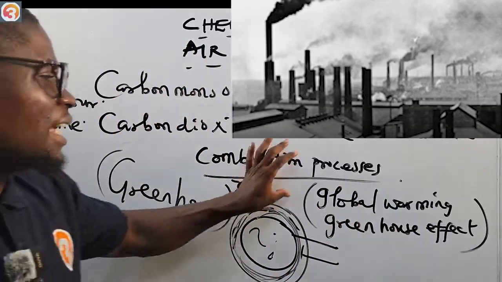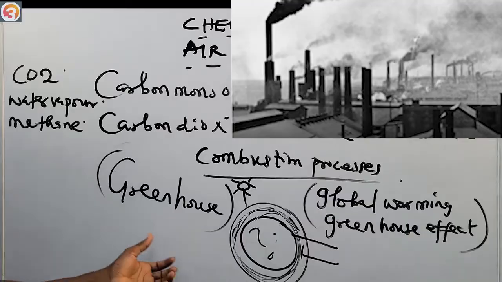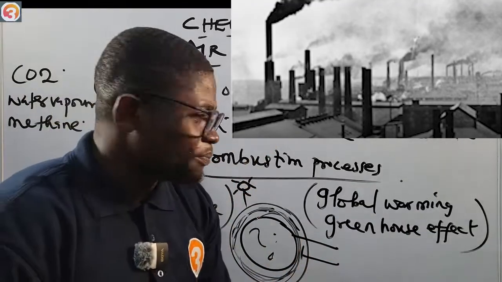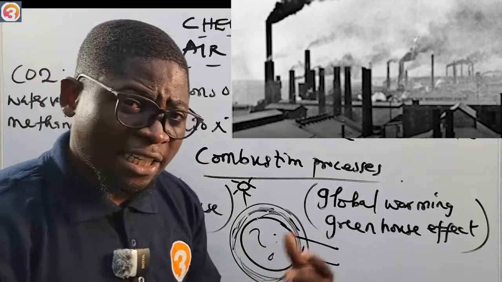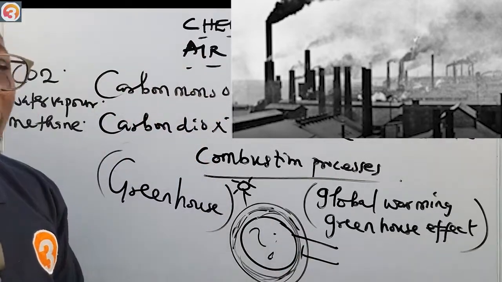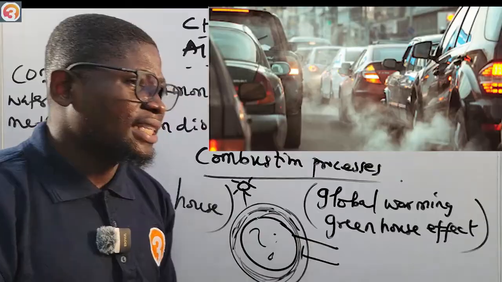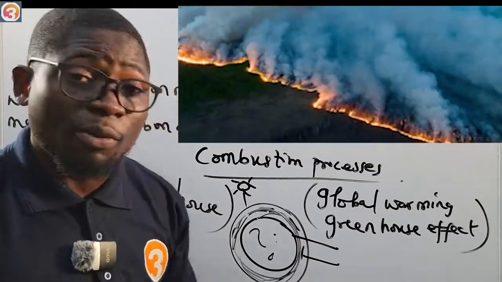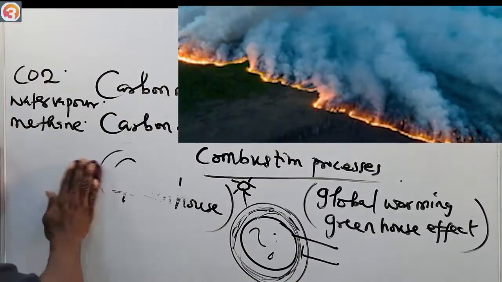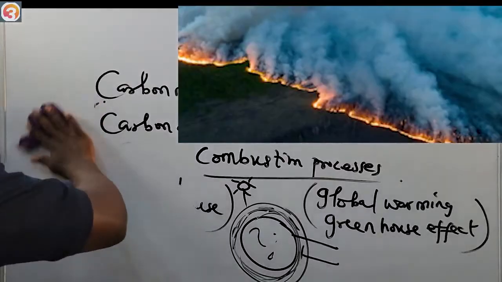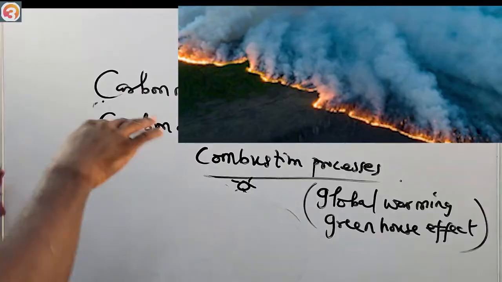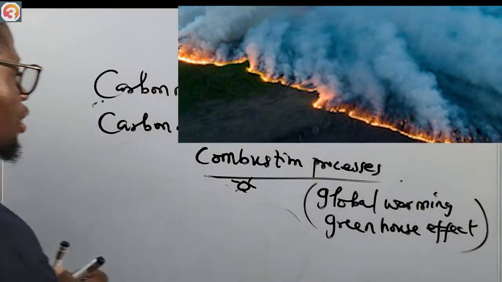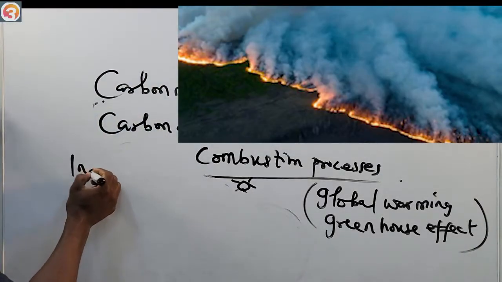So our actions, like producing things in industry, like even traffic in cities, like wildfires. Let me just state some of the things that can increase the carbon dioxide quantity in the atmosphere.